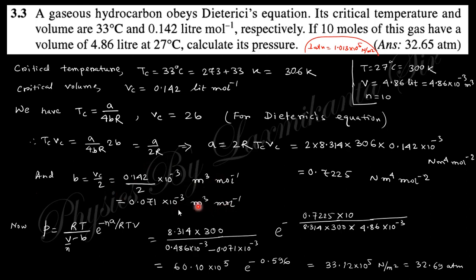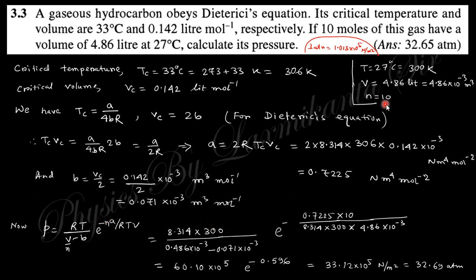Similarly here also we obtain the values of a and b. Then you know the pressure expression will be like that, RT by (V minus b) e to the power minus a by RTV. Because there are 10 moles, we need to divide by the mole number, V by n, and since there is V by n, that's why n is multiplied here.